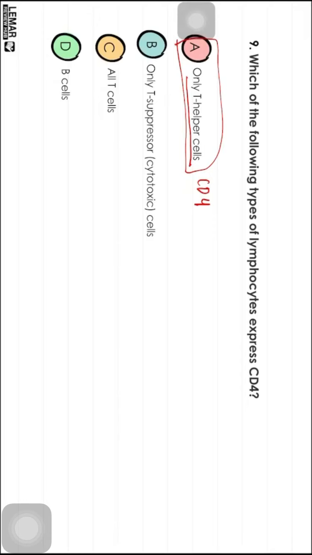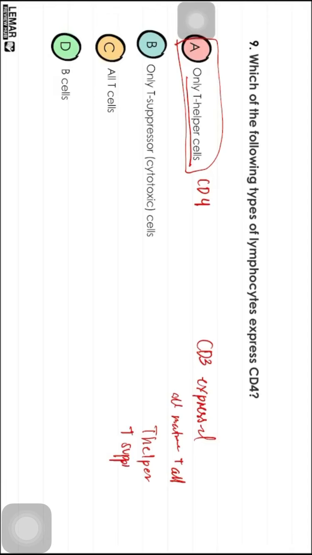On the other hand, we have CD3. CD3 is expressed by all mature T cells, including the T helper and T suppressor cells.